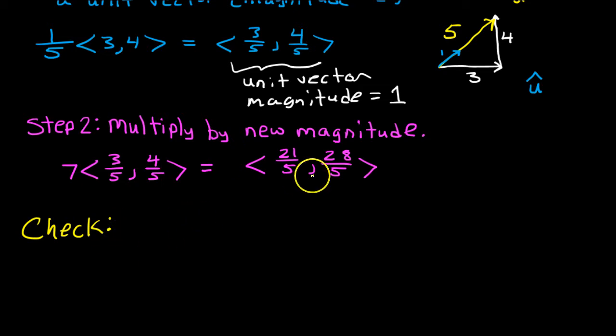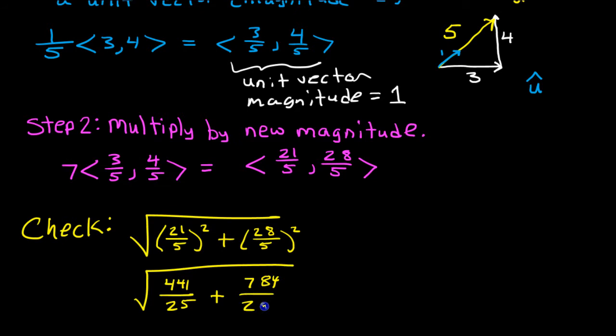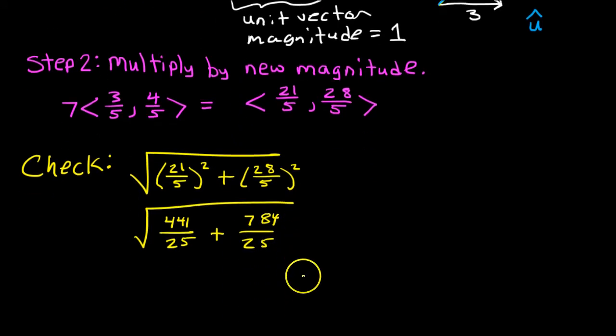Okay, so we know that if we want to calculate the magnitude, we would do the square root of, so that's the same thing as the square root of 441 over 25 plus 784 over 25.